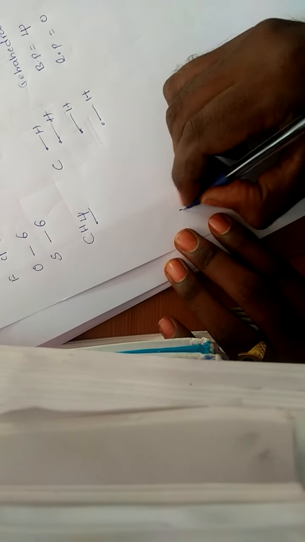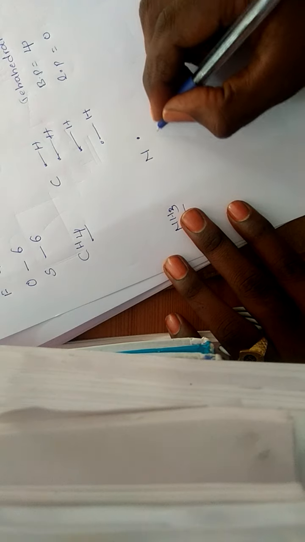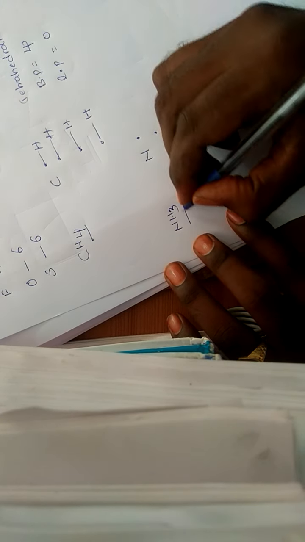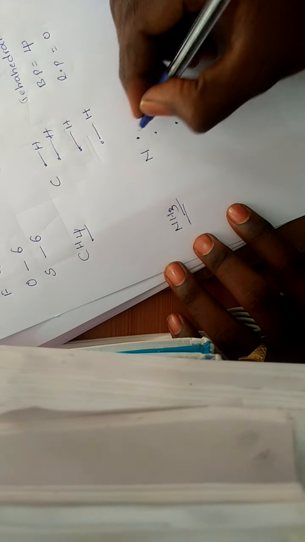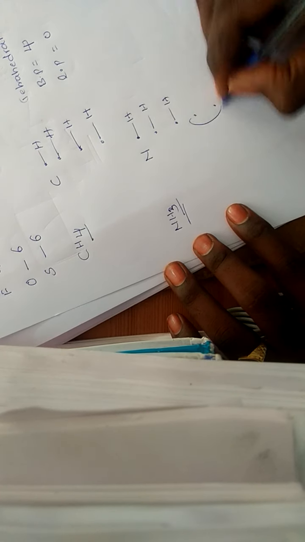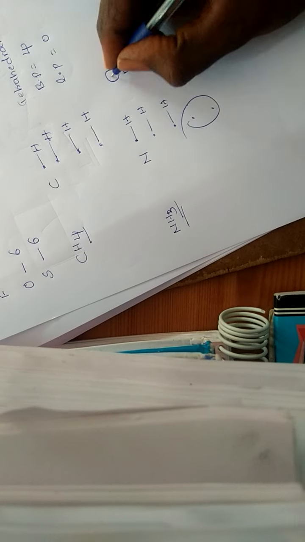If I take one more molecule, ammonia: what is the valency of nitrogen here? 5, so 1, 2, 3, 4, 5. The number of hydrogens in ammonia is 3, so 1, 2, 3, and one lone pair. Nitrogen has one lone pair and 3 bond pairs.